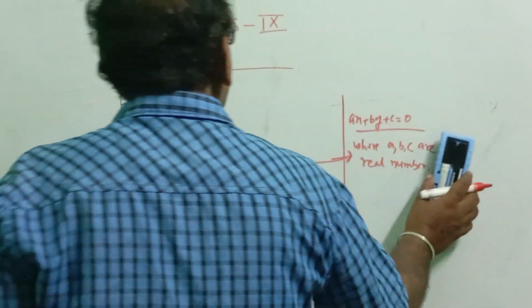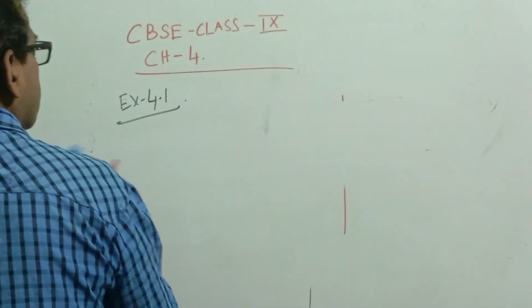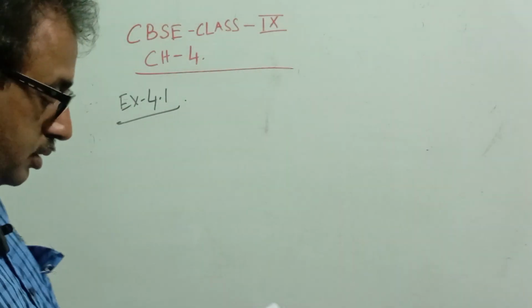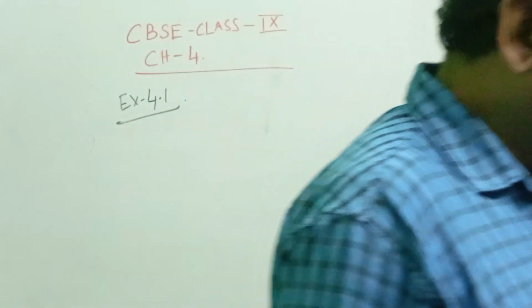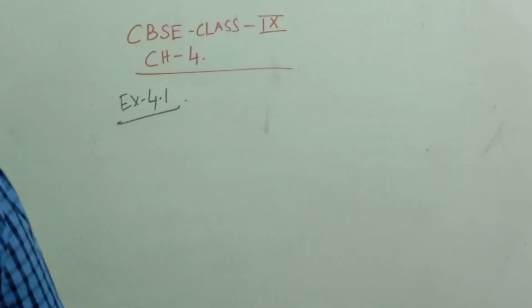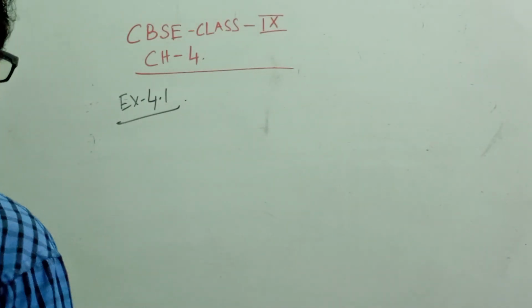Now we go to question number 1. It's a simple word problem question. You have to make out what they are asking to find. They are asking that the cost of a notebook is twice the cost of a pen. Write a linear equation in two variables to represent this statement.